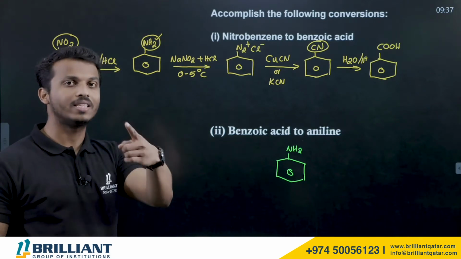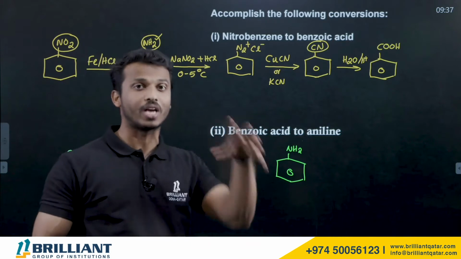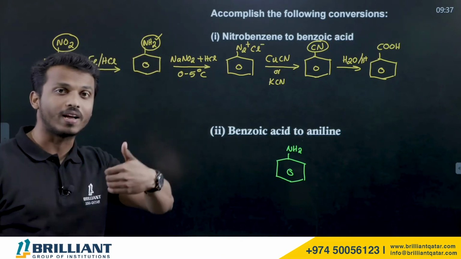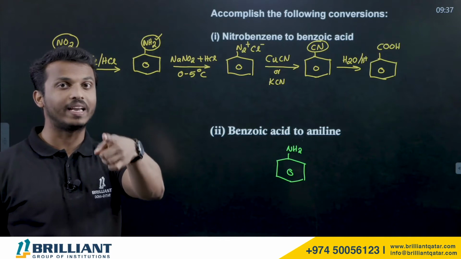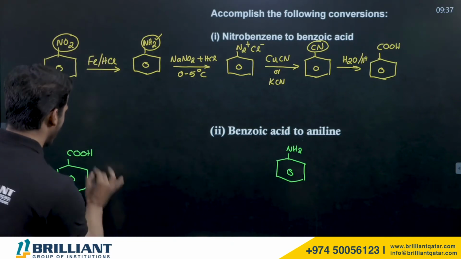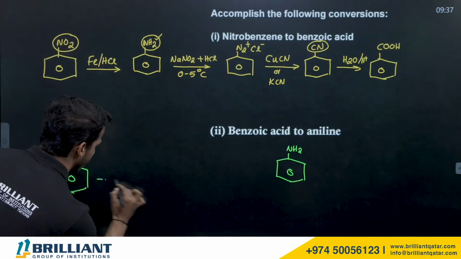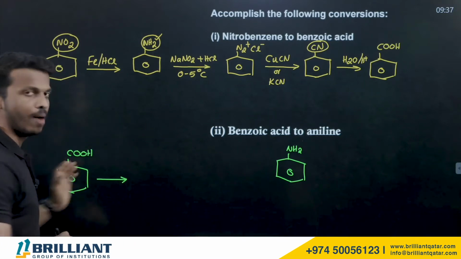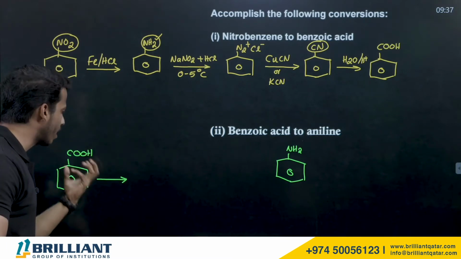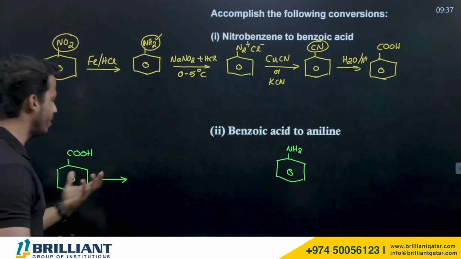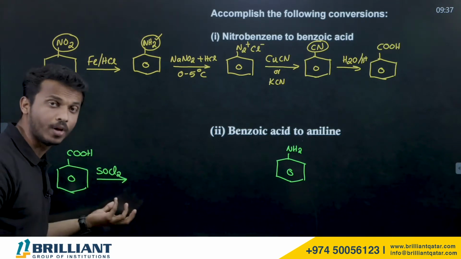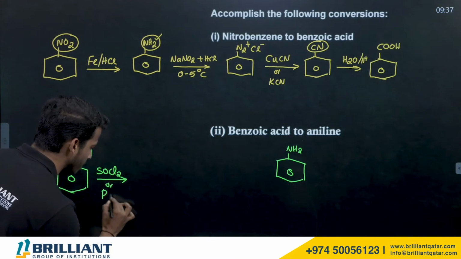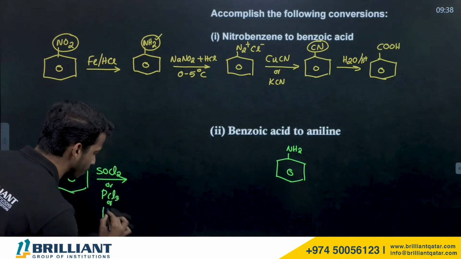Definitely in this amine chapter, we mainly deal with one-carbon-less products through the Hofmann bromamide degradation reaction. First of all, let me convert our carboxylic acid into amide. How can we convert carboxylic acid into amide? Either we can use SOCl2, thionyl chloride, or PCl3, or PCl5.